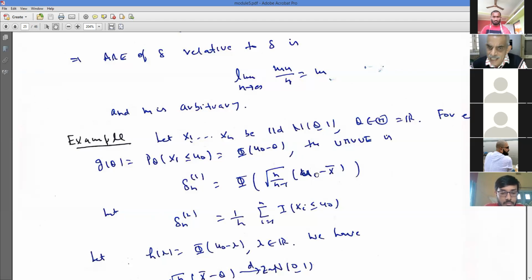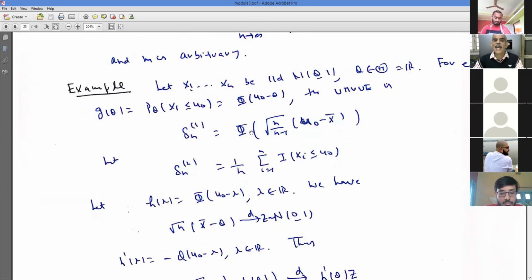So h I can take as phi of x only. That is the whole idea. So T1, T2, ..., Tn are IID with mean U0 minus theta and variance 1. And delta N1 is nothing but H of Cn T bar, where H of x is phi of x. Is that okay?